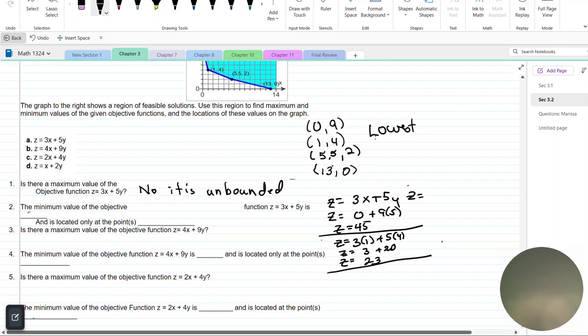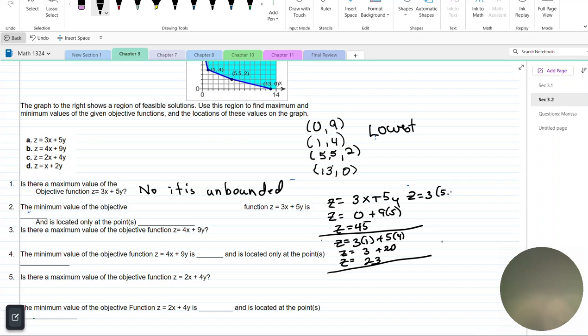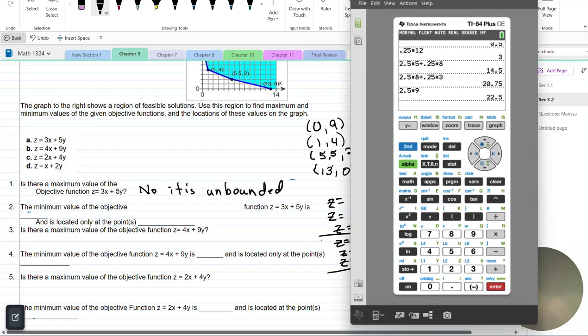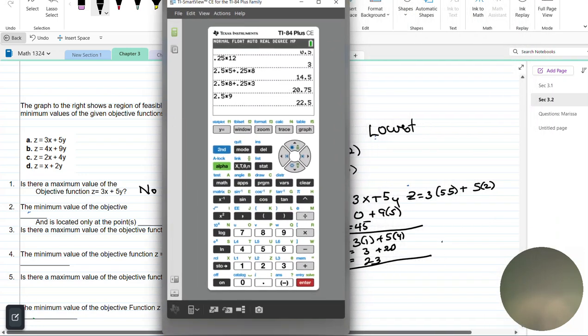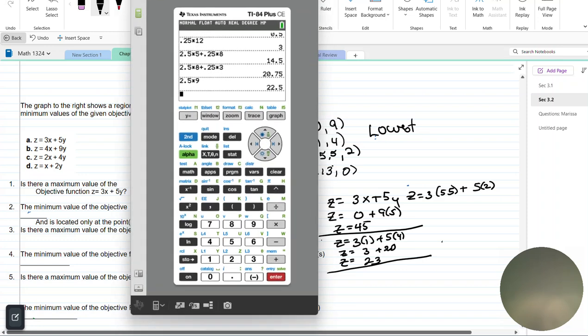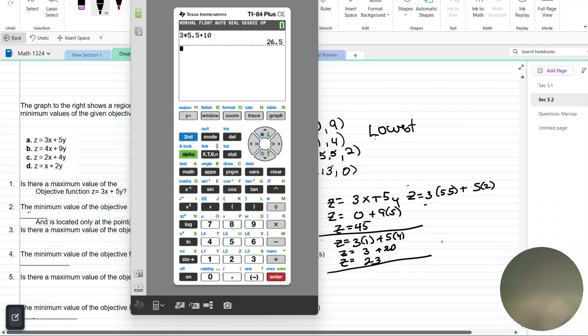Actually, we're going to use a calculator, so it doesn't matter. 3 times 5.5 plus 5 times 2. All right, so we're going to stick that in the calculator. Right, I'm going to have 3 times 5.5 plus 10. 26.5.